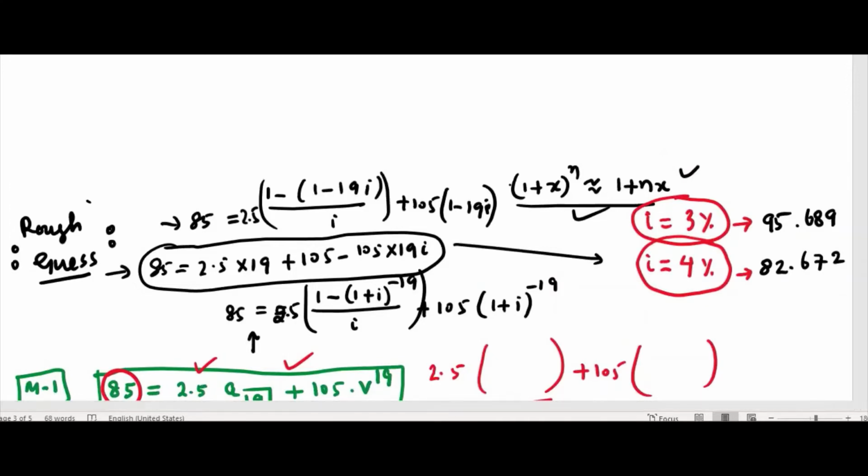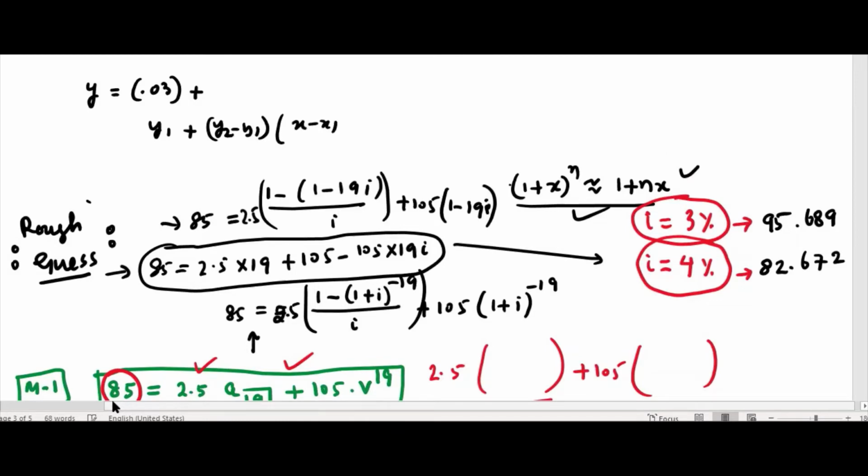This is your final value, and we want to find the interest rate, that is y. y is equal to y1, that is 3%, plus y2 minus y1. y minus y1 is m into x minus x1. This is the formula, right? So in slope, I've written m as y2 minus y1 divided by x2 minus x1.